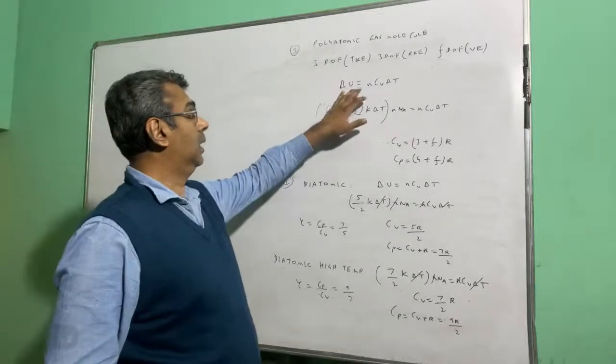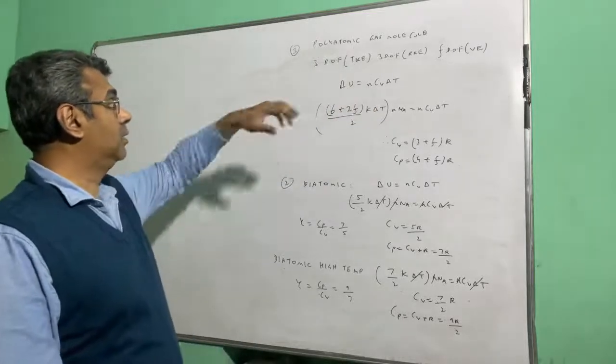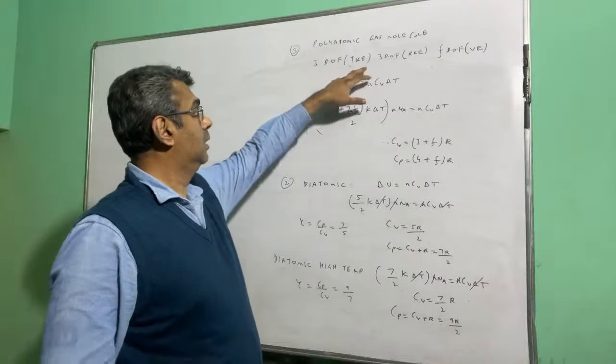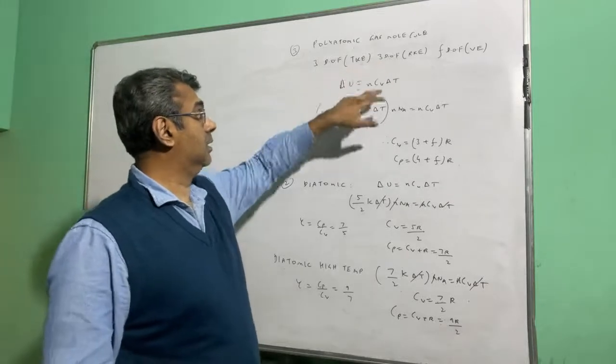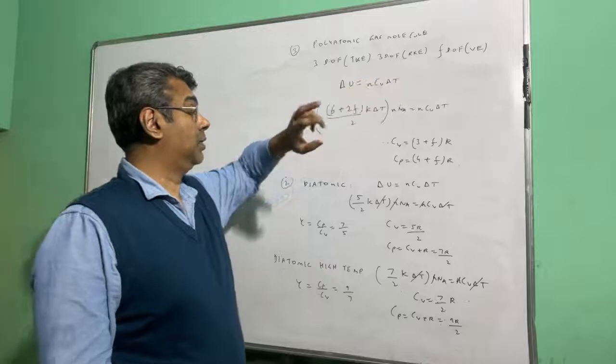So delta U is n Cv dT. So 3 twos are 6, 3 plus 3 is 6. And for vibrational 2 into f.